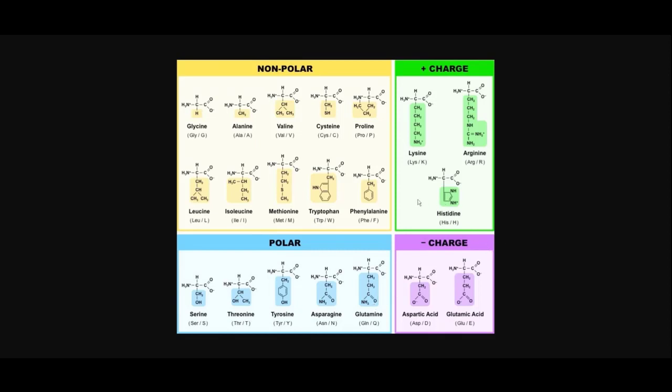Then you have your basic amino acids, and it says they have a positive charge, although in truth, they only have a positive charge at certain pHs. But these amino acids in and of themselves are basic amino acids. Lysine, arginine, and histidine are typically classified as basic amino acids.